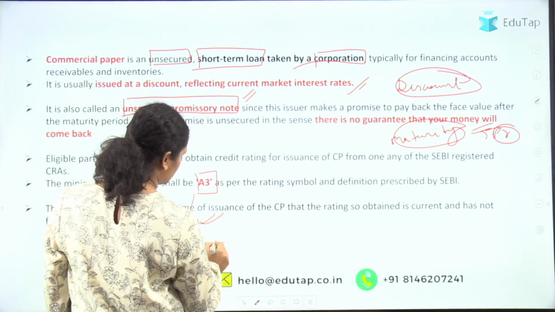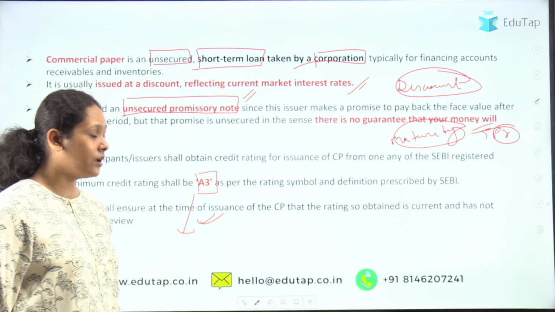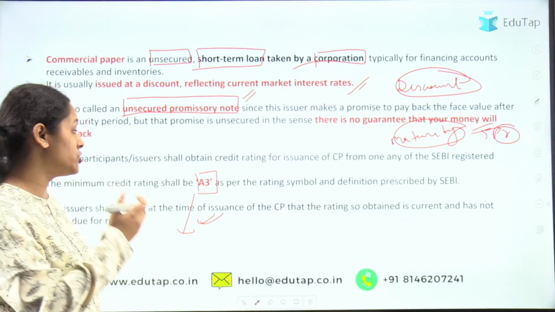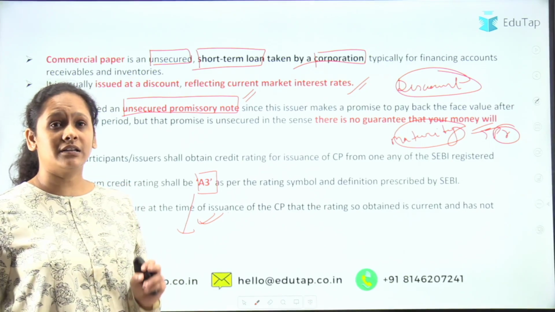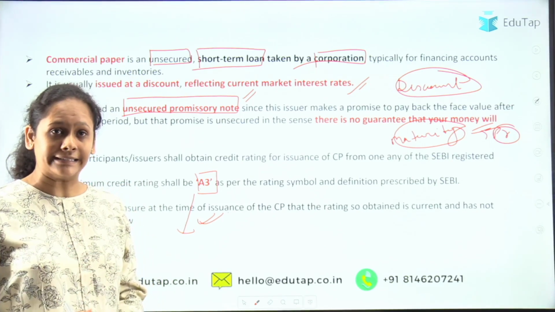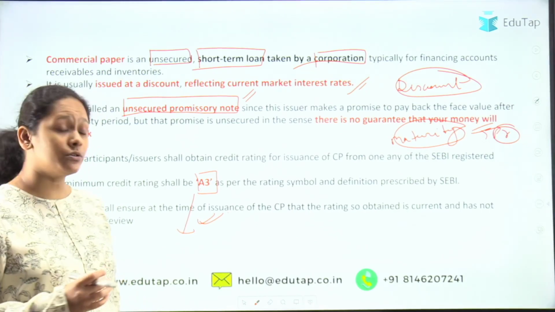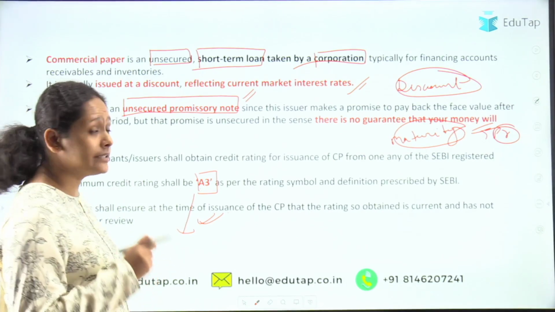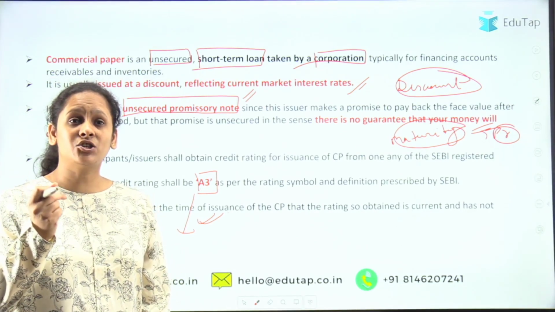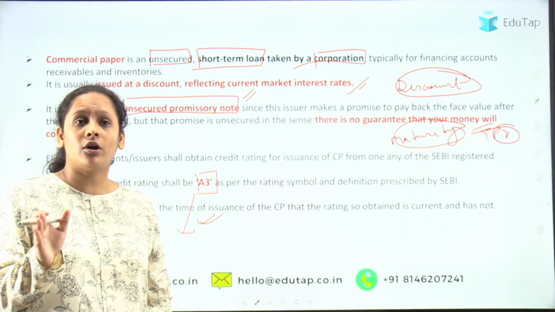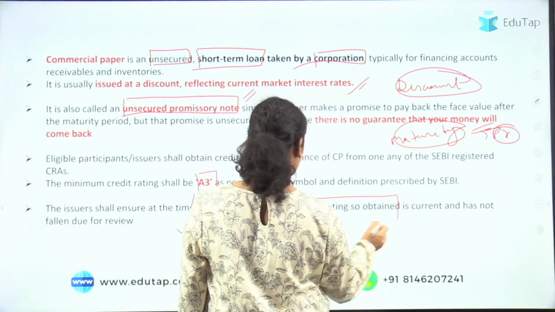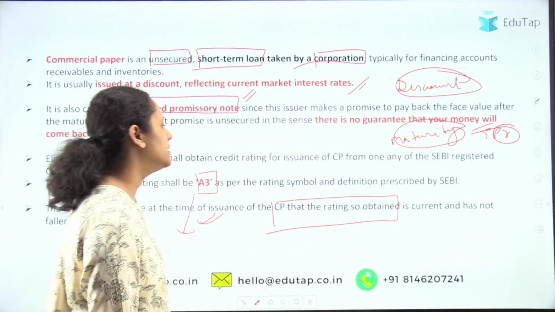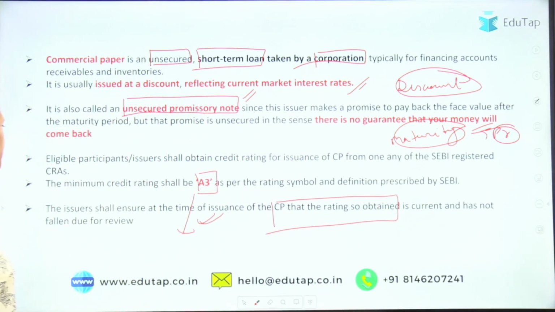These people can issue और जिनका rating A3 नहीं है वो commercial papers को issue नहीं कर सकते. और there is something very important that the issuer has to keep in mind. ठीक है. At the time of issuance, the rating जो उनको receive हो रहा है ना, it should be the current rating and it should not be an old rating. ठीक है. So the rating which they issue should be current and not an old one.